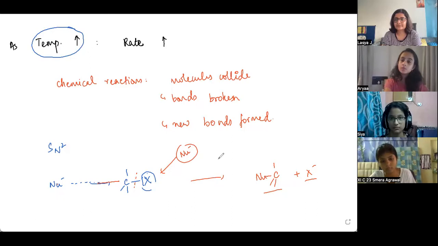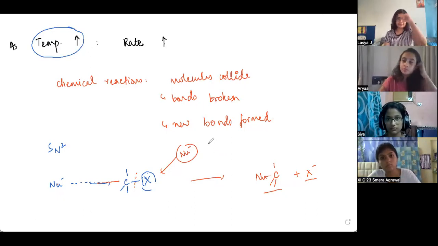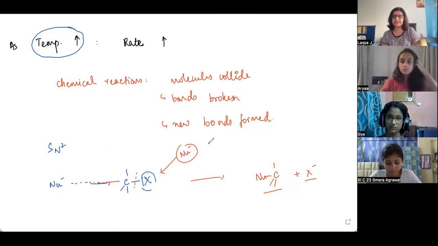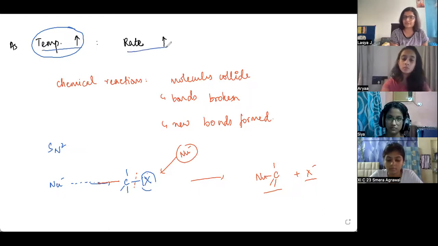It causes the molecules to move faster, they gain more energy. Correct. That's something we have done in thermodynamics, right? Increasing the temperature means you are increasing the internal energy of the molecules, which is nothing but the kinetic energy the molecules have. Molecules move faster, so we are increasing the chances for them to collide against each other a lot more. That is why, when temperature increases, the rate of a reaction also increases, compulsorily.